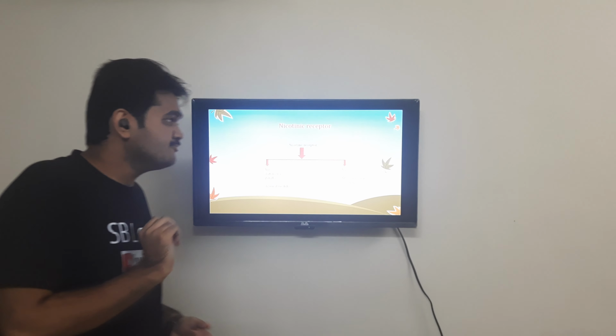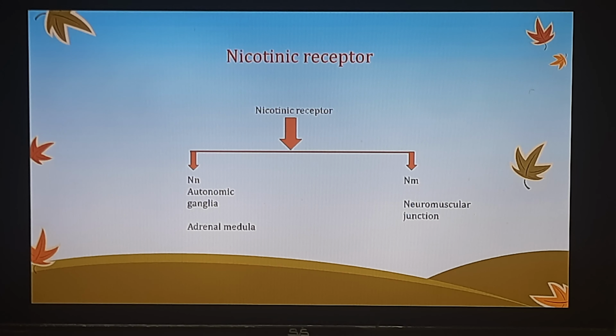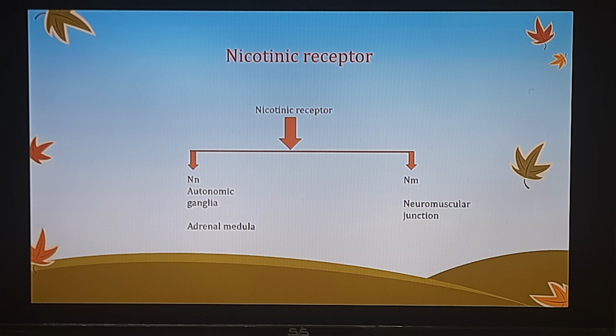The second important one is the NM type of receptor, which is mainly present at our neuromuscular junction.